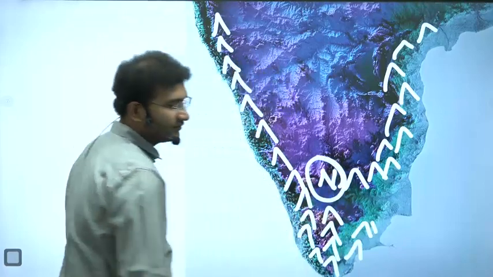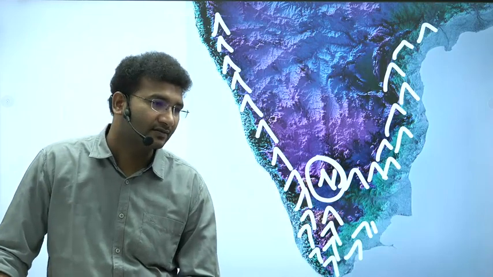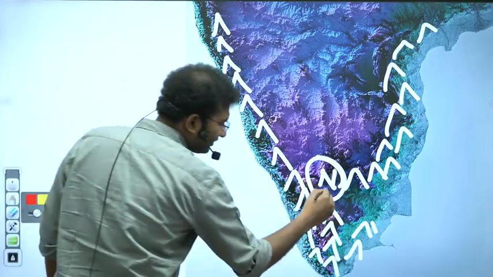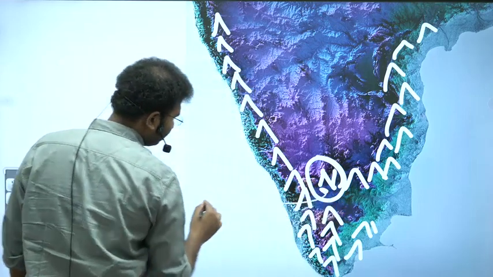This is the place where the Western Ghats meet with the Eastern Ghats. And where exactly does it meet? It meets at a place called Shastamkota Wildlife Sanctuary or Satyamangalam Tiger Reserve. Within the Nilgiri Hills, you have a tiger reserve.